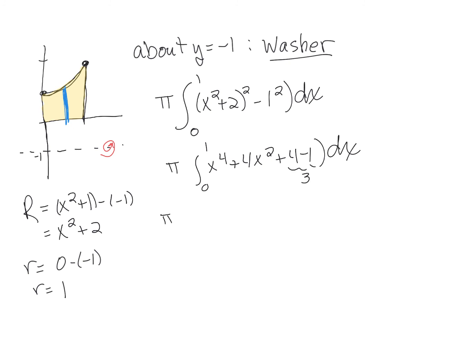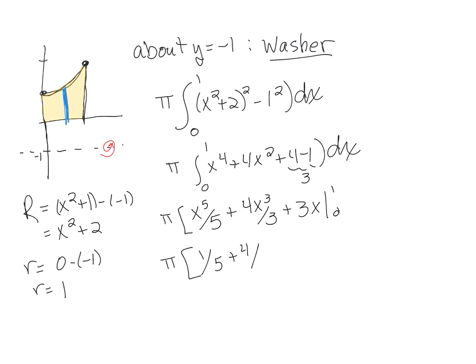Integrating term by term, x to the 5th over 5 plus 4x to the 3 over 3 plus 3x. Now when I plug in the 1, I get a value, but when I plug in the 0, I get 0. So I get 1/5 plus 4/3 plus 3.